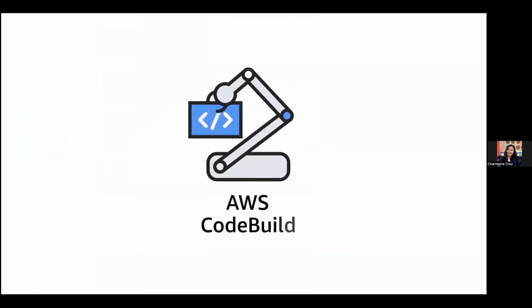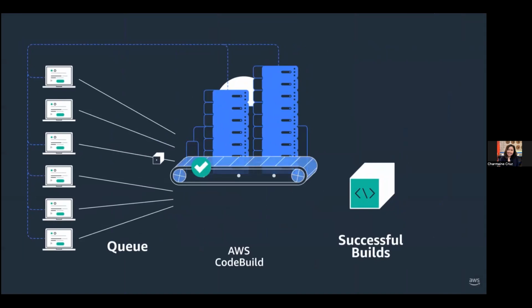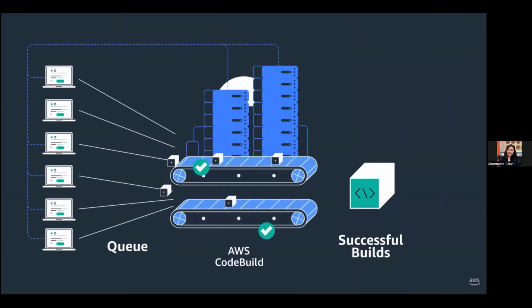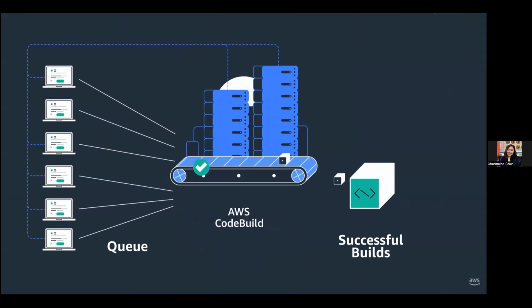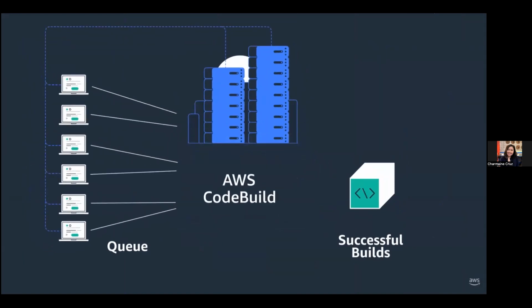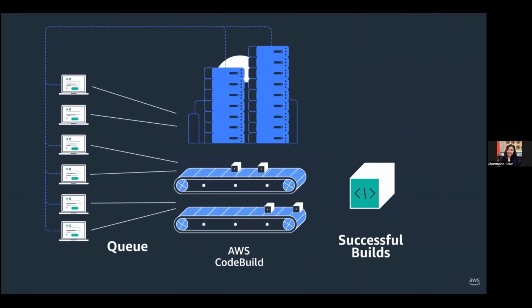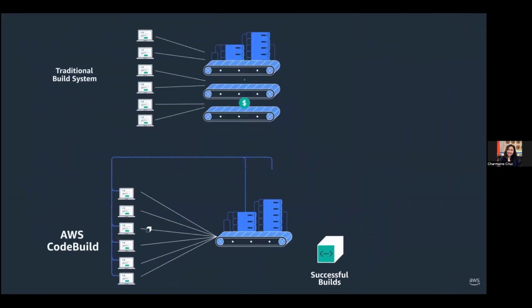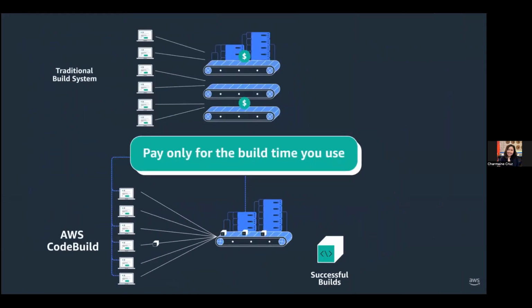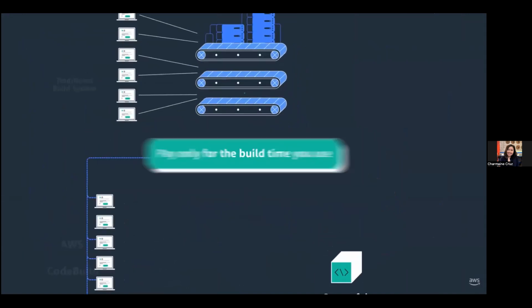Introducing AWS Code Build. Code Build is a fully managed continuous integration service that compiles source code, runs tests, and produces build artifacts. Your team simply commit code changes, and Code Build scales continuously to handle concurrent jobs, eliminating queue times. Additionally, you pay for only the build minutes you use, so there's no more paying for idle time.